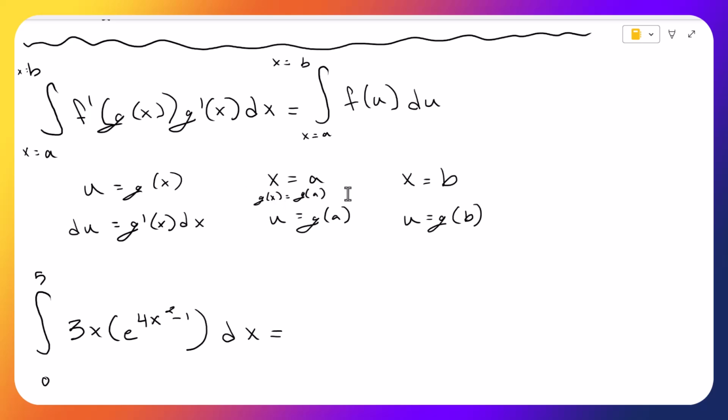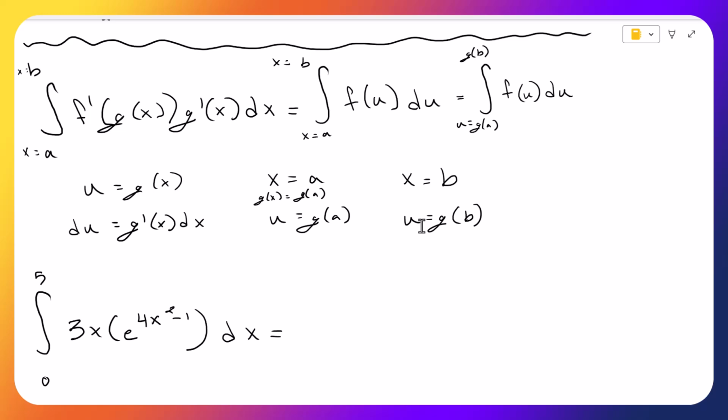Applying the function to both sides, which is something we can do. And then what is g of x? Well, g of x is just u. So u equals g of a, and a similar thing happens here. So we can rewrite our bounds of integration as g of a to g of b, f of u du. And this is u equals for both.